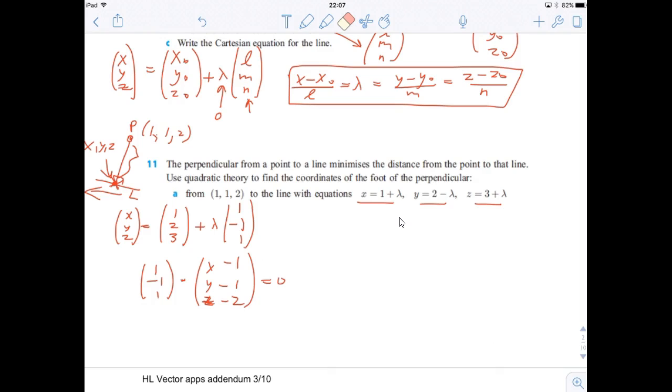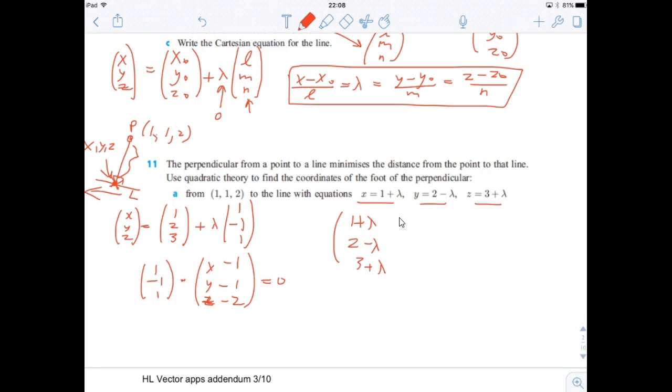So how about if we figure out the distance between the point and the line. Basically we're figuring out the distance between 1, 1, 2 and x, y, z. Instead of putting in x, y, z, I'm going to put in the parametric forms of x, y, z, which would be 1 plus lambda, 2 minus lambda, and 3 plus lambda.